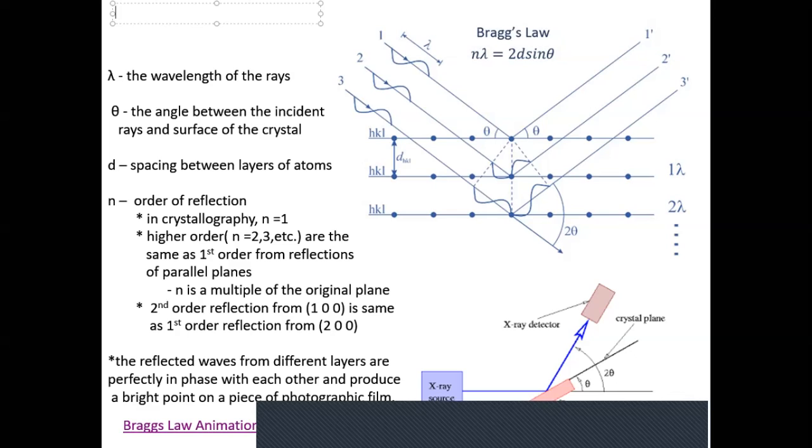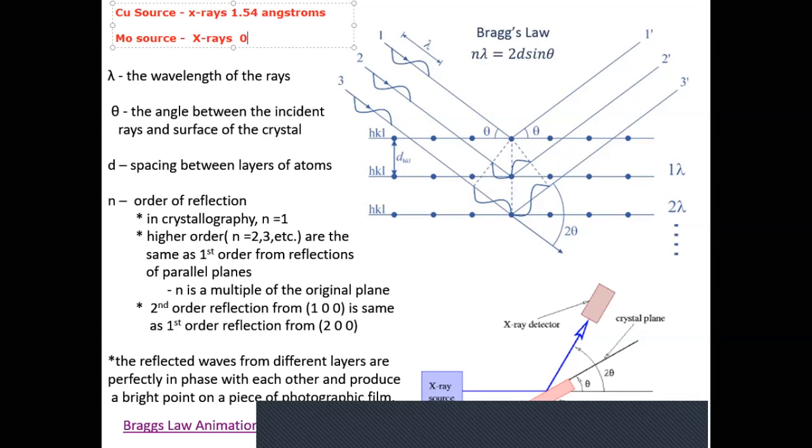A copper source, where the X-rays have a wavelength of 1.54 angstroms, and a molybdenum source, which is another common one for small molecules, where the X-rays have a wavelength of 0.71 angstroms.